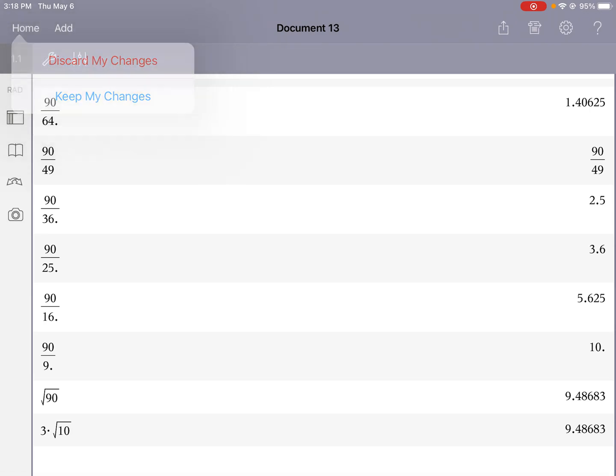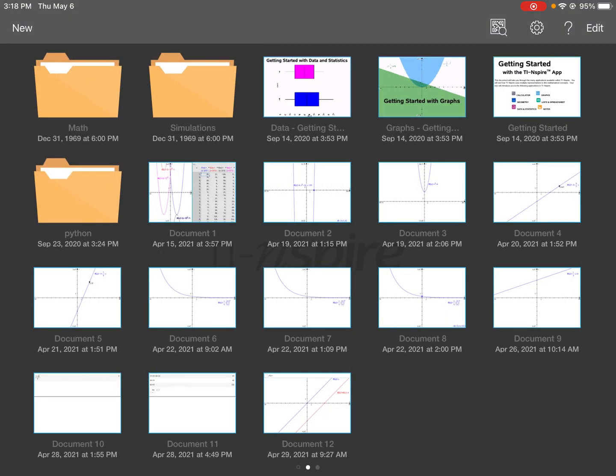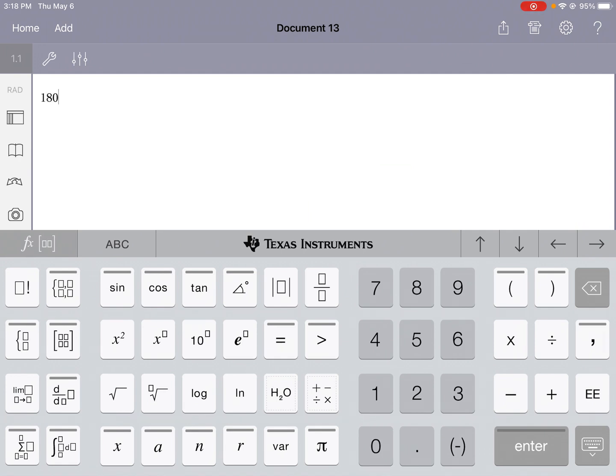So I'm going to start with a fresh, clean page. Okay, so 180, I'm going to divide it by 169. Again, I get a decimal. 180 divided by 144. I get a decimal. 180 divided by 121.